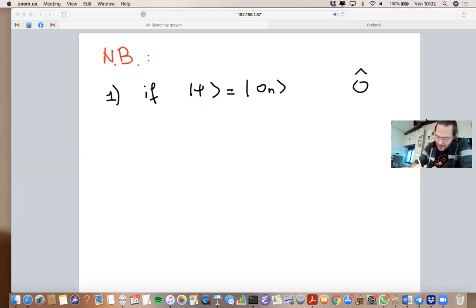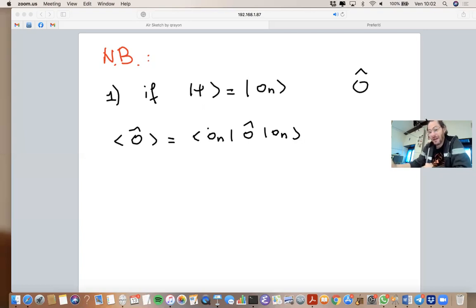So what happens when I look at the expectation value of O? Well, I can do that. It's like O_N, O, O_N, right? I just learned that. But now this is an eigenstate of O, and this will be the corresponding eigenvalue, O_N, times the state bracketed into itself.